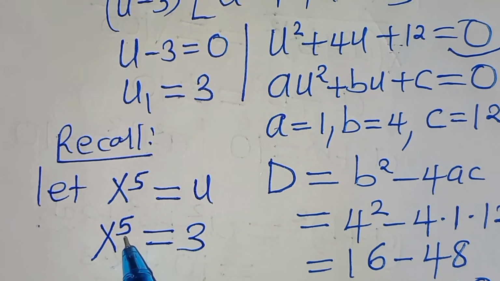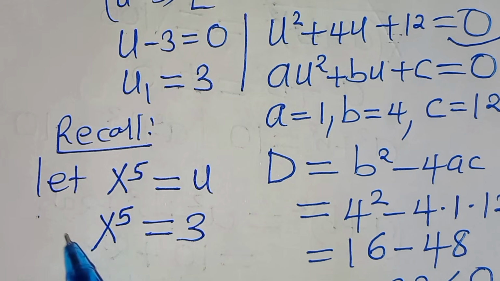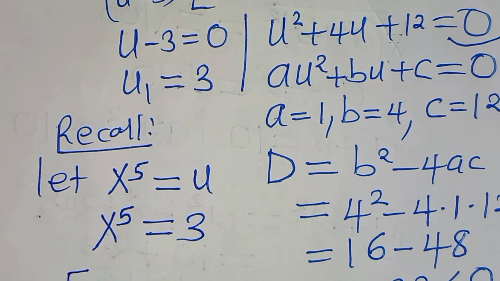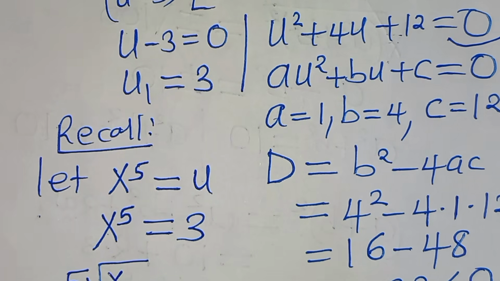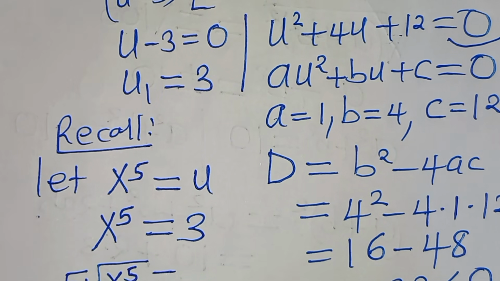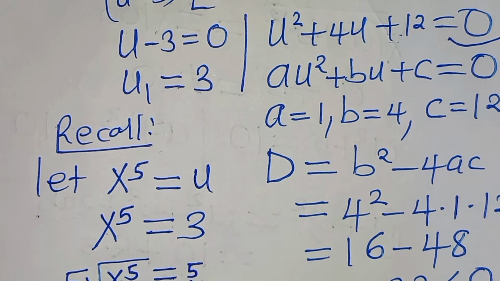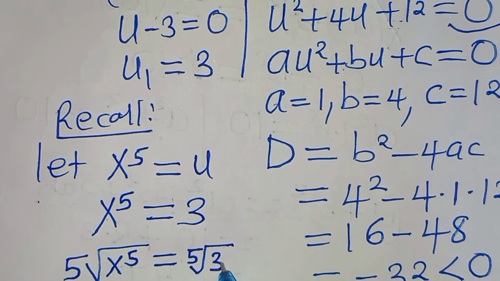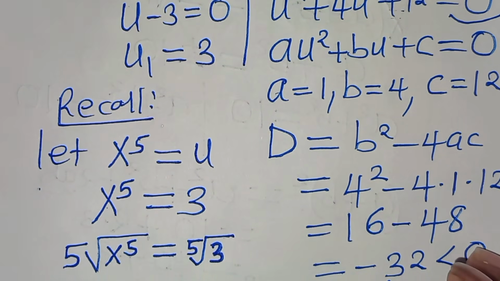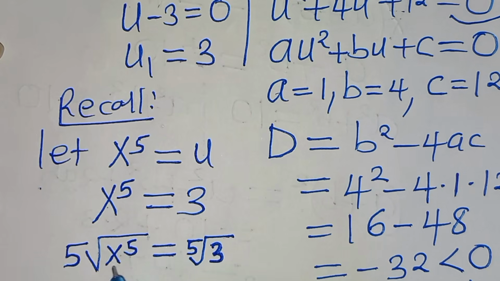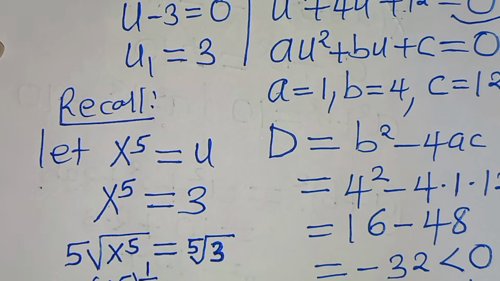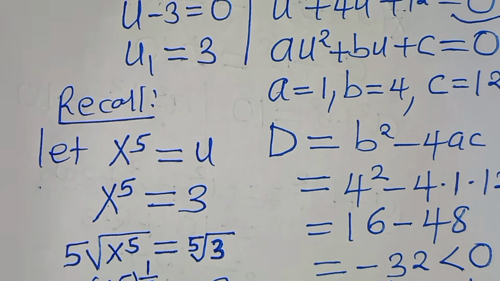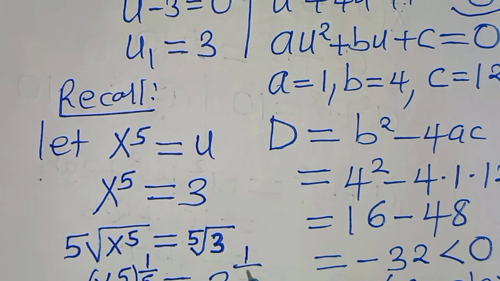To solve for the value of x here, we introduce the fifth root on both sides so that we have the fifth root of x to the power of 5 equal to the fifth root of 3. Now, from here, we can express this as x to the power of 5 raised to the power of 1 over 5, then this is equal to 3 to the power of 1 over 5.